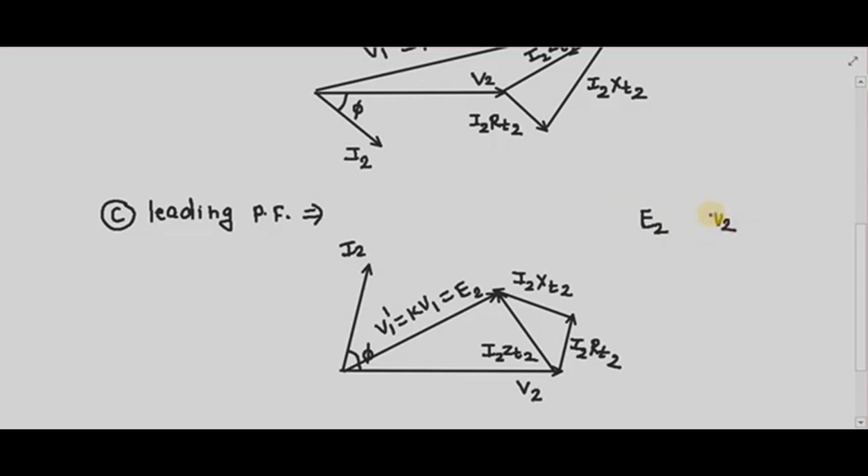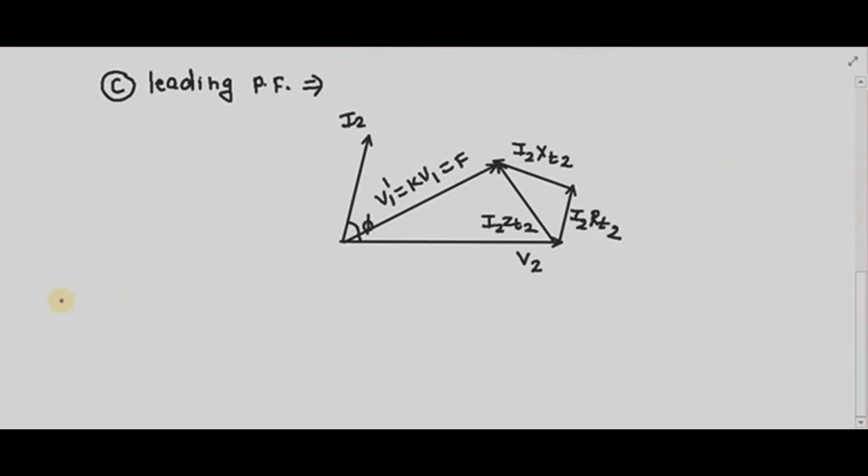So the numerical difference between the values of the secondary terminal voltage on no load and with full load is very important for us, and it is known as the inherent regulation of the transformer. So students, let us see what is the regulation of the transformer.